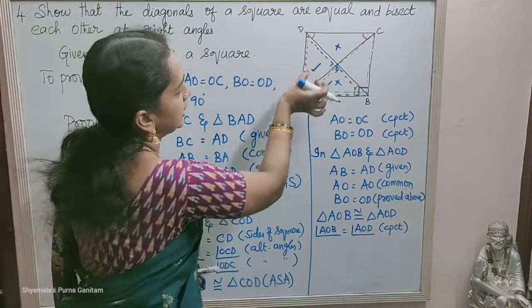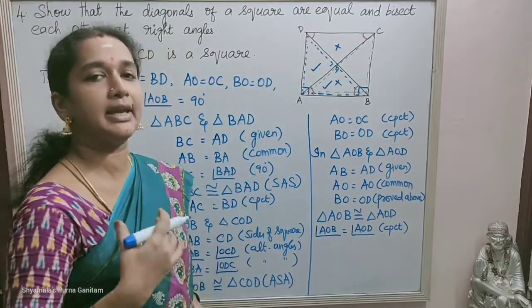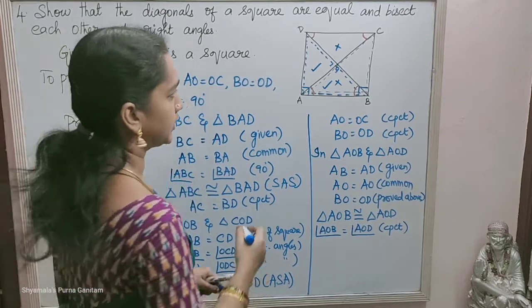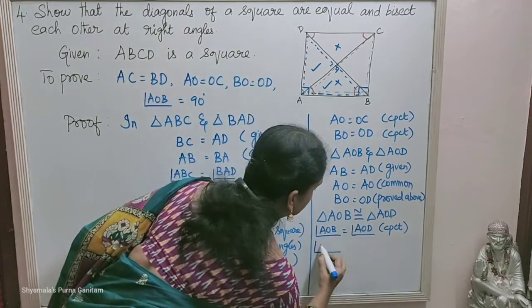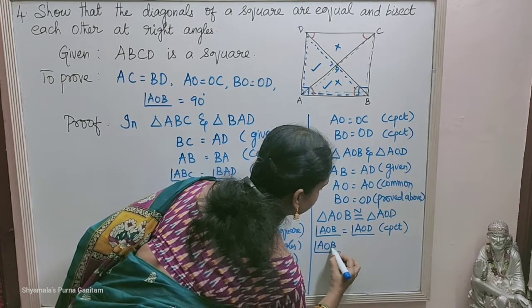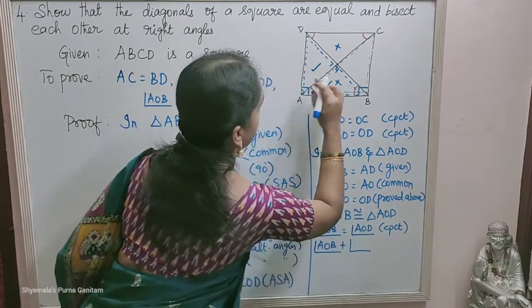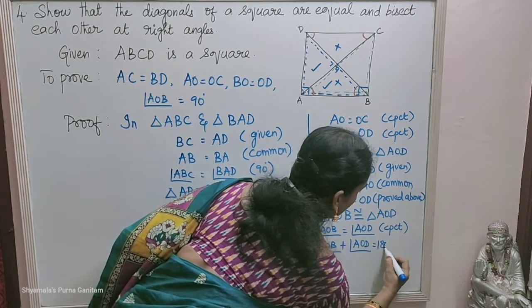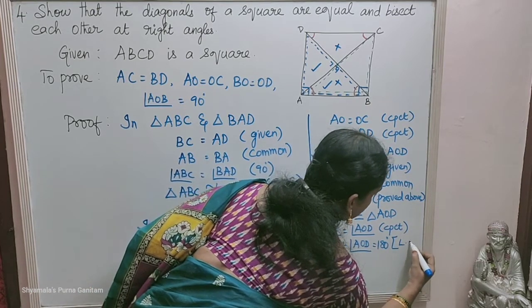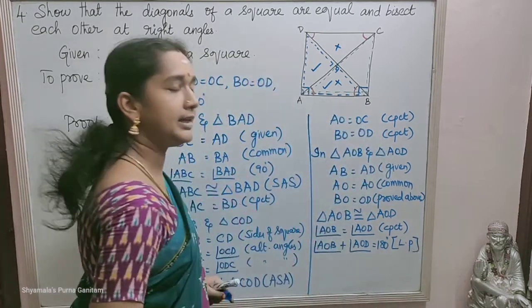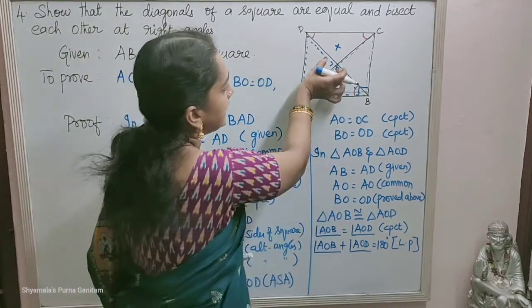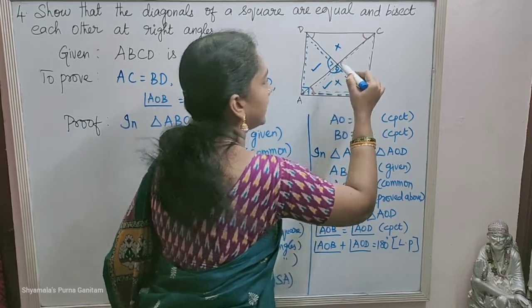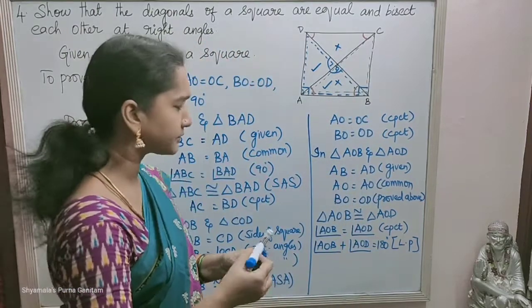So if you add these two angles, by linear pair, we can say that angle AOB plus angle AOD is equal to 180 degrees. This is by linear pair.